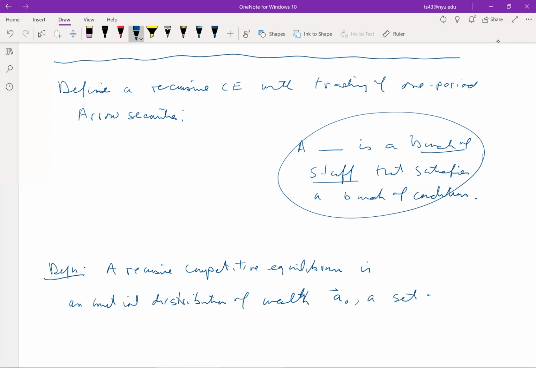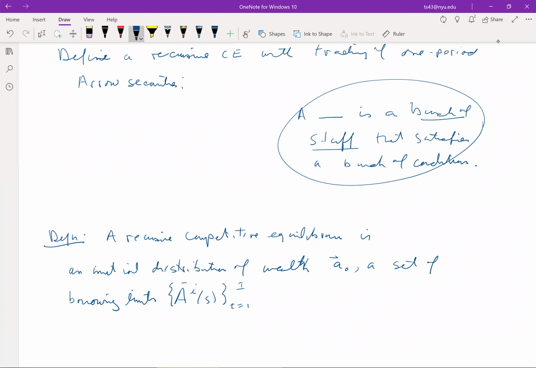A set of borrowing limits, it's going to look like this. We'll call them A bar I of S. Now we've really cut down the number of these, and I goes from 1 to I. As many different people as we have. If we count these, how many of these are there? There's going to be I times the dimension of S. That's how many borrowing limits we are going to have.